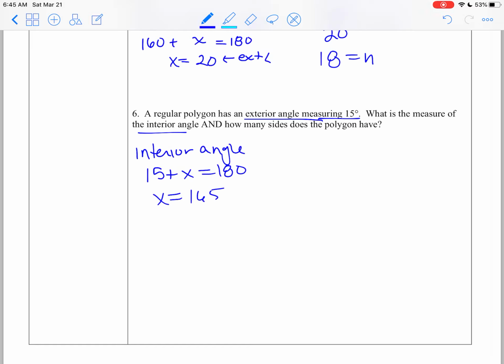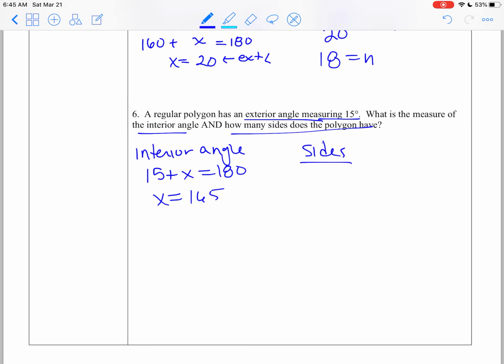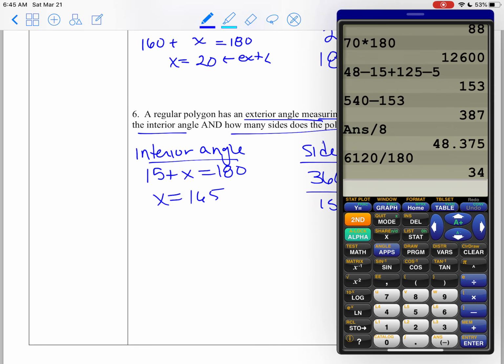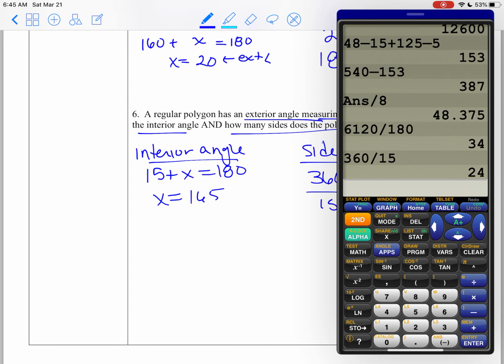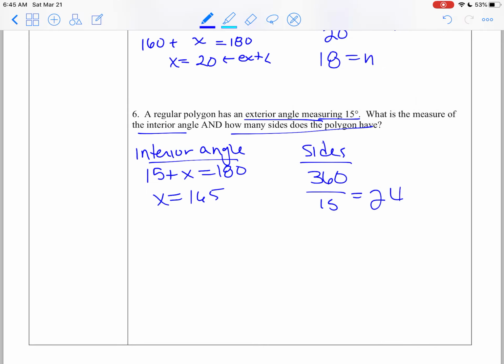So x equals 165. How many sides does the polygon have? Well, we just did this as well. To get the sides, we're going to take 360 divided by 15, and that is 24.